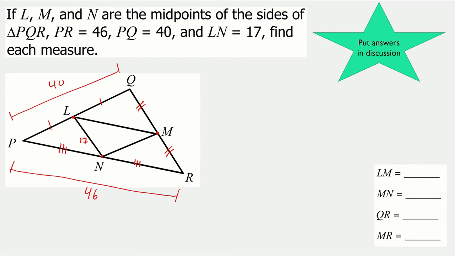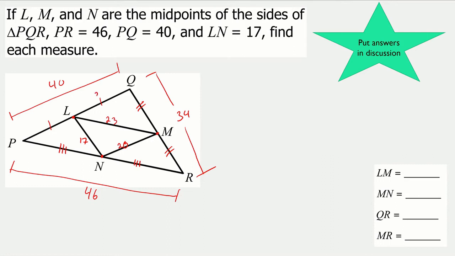And so once again, we break it down. So this is going to be 20 because that is the mid segment, and that's the side that's going to be parallel to the third side. So if LN is 17, that means QR is going to be 34. If PR is 46, that means LN is half of that, or 23.